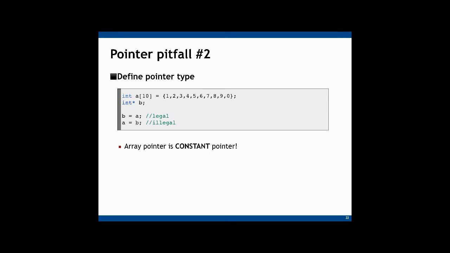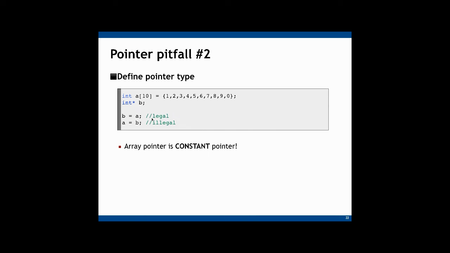And another pitfall is that an array variable is actually a kind of pointer variable that points to the first element of the array. So A is an array variable. So this is a pointer. So we can assign A to the pointer variable. So this is legal. But the other direction is not possible.